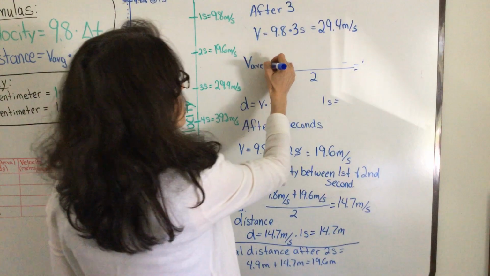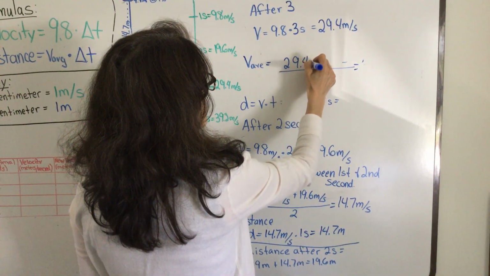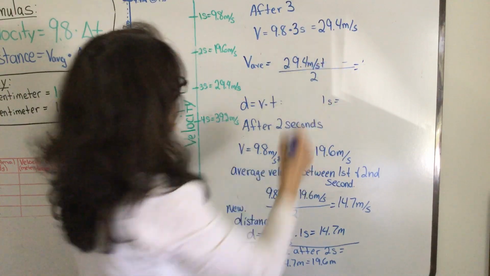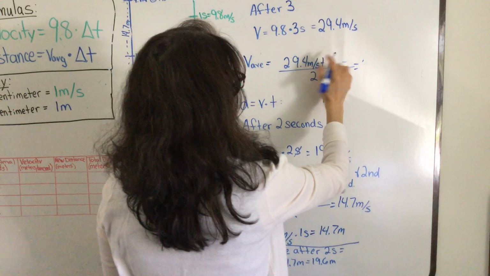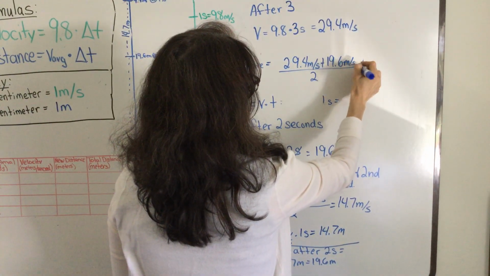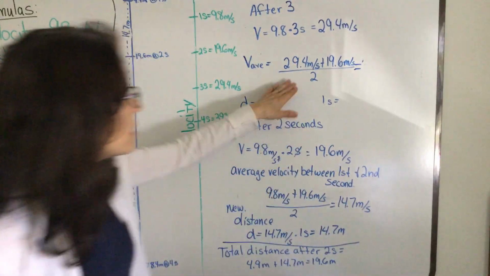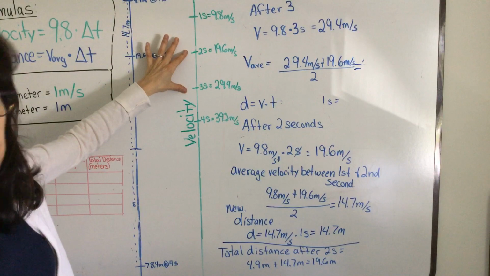What's the average? Well, we're going to take 29.4 meters per second plus 19.6, and that's going to give us the average speed in between 2 and 3 seconds.